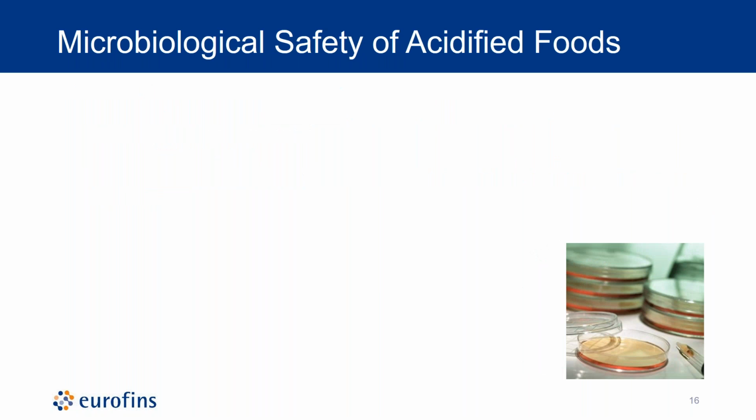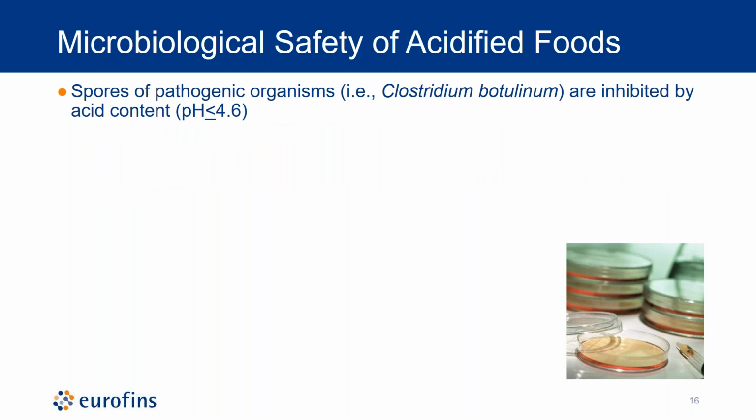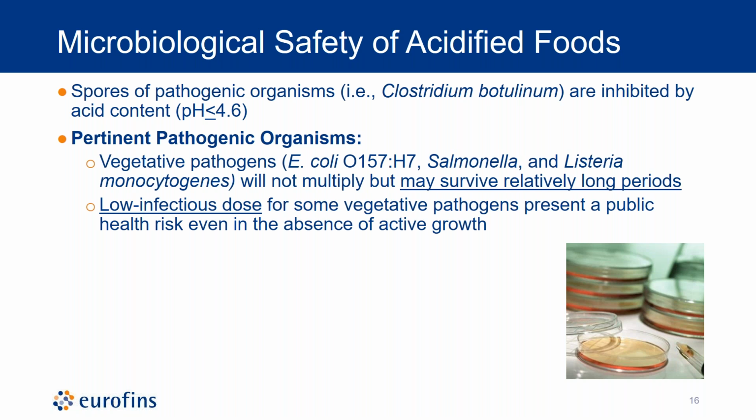And now we're going to talk about the microbiological safety of acidified food. So in general, we aren't too worried about spore-forming pathogenic organisms like Clostridium botulinum, and that's because they're inhibited by the acid content of the product. They can't grow below pH 4.6.